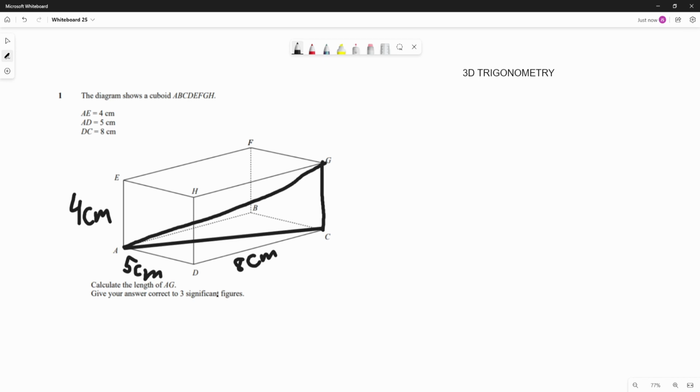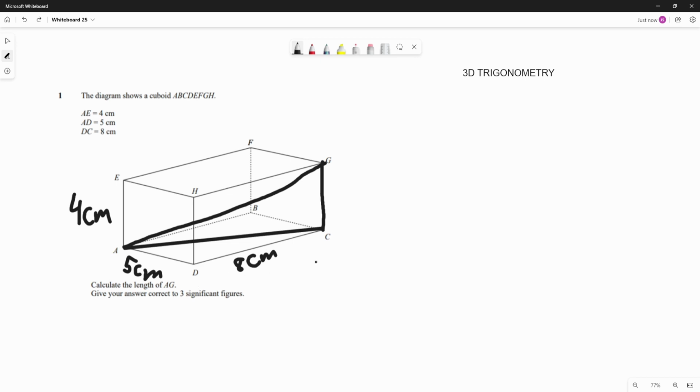We want to calculate the length of A to G. This is what we want to find, from here to here. Well, we are given this length right here, A to D, and D to C and A to E. If you look very carefully, you can see that we have a triangle made inside here as well.